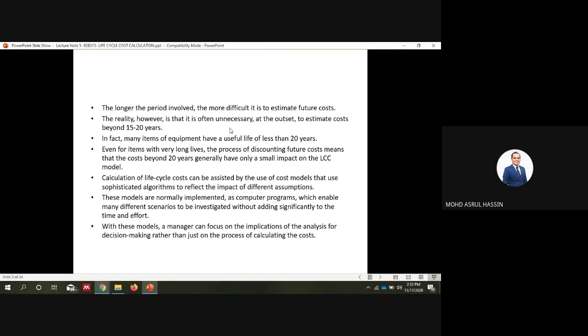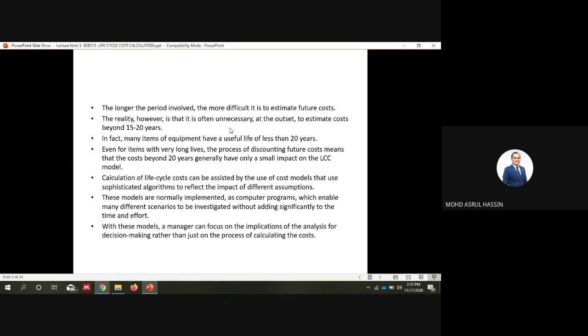In fact, many items of equipment have a useful life of less than 20 years. Even for items with very long life, the process of discounting future cost means that the costs beyond 20 years generally have only a small impact on the life cycle cost model.